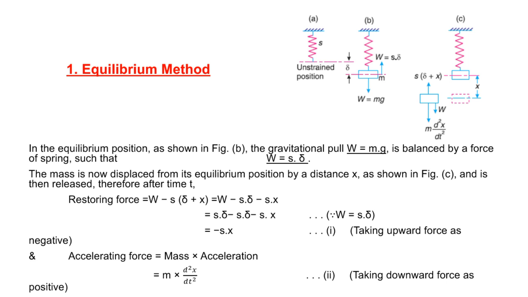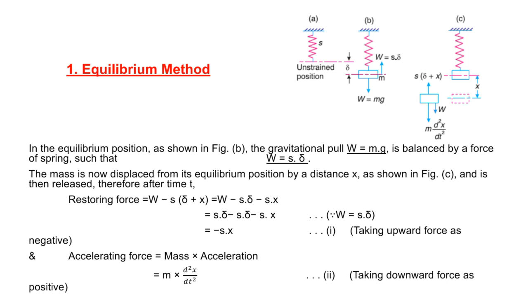W is nothing but the weight of the mass, W equal to mg, as well as the spring force W equal to S into delta, where delta is the static deflection of the spring when the mass is attached. In the B diagram you can observe that when the mass is attached, the spring has been displaced statically, and that deflection is delta. If you multiply stiffness into delta, you will get the weight of that mass.